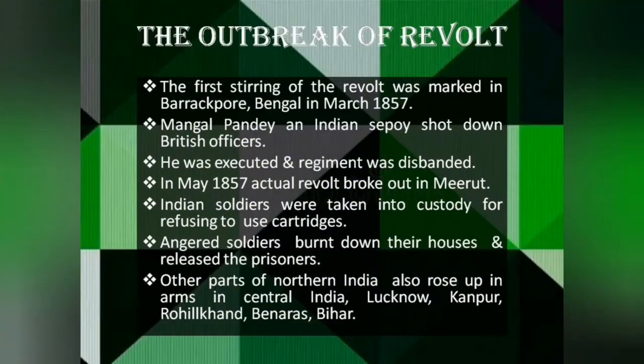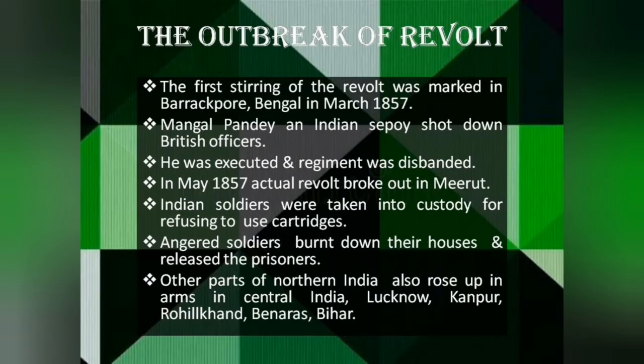The outbreak of revolt. The Great Revolt began in Barakpur, a town to the north of Calcutta. The news about the new cartridges spread from one place of the country to other. The British government suppressed the uprising at first, but Barakpur was again stirred with excitement.